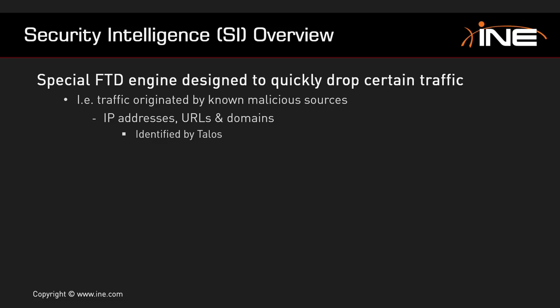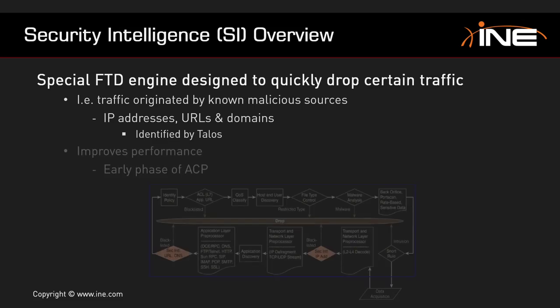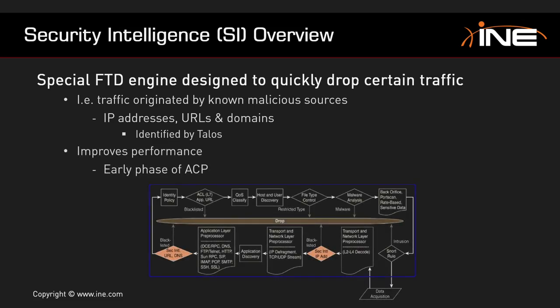Okay, as I said, those will be eventually identified by Talos, part of the Cisco's collective security intelligence, where the goal is going to be to use this information to provide an early dropping traffic mechanism. So as opposed to the pre-filter policy, which is generally used to make exceptions, like when you want to fast forward certain packets without inspecting them with other engines, security intelligence is meant to quickly drop communication for situations like if there is a new threat that was just found for which there are now signatures available.